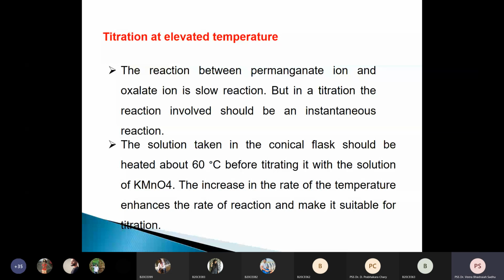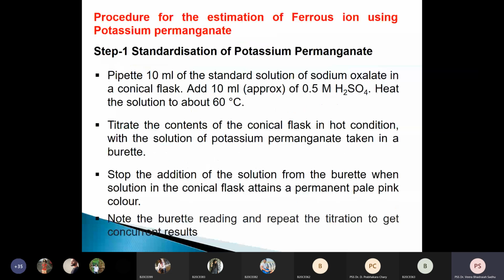So in the first step, the standardization. You pipette out 10 ml of standard solution of sodium oxalate, whose concentration you already know, which is about 0.025 moles, and add nearly 5 ml of sulfuric acid and heat to 60 degrees centigrade.